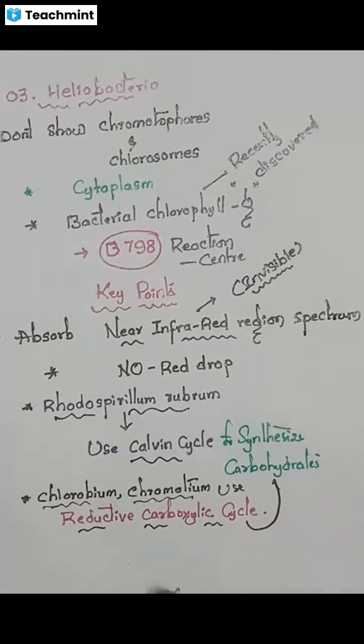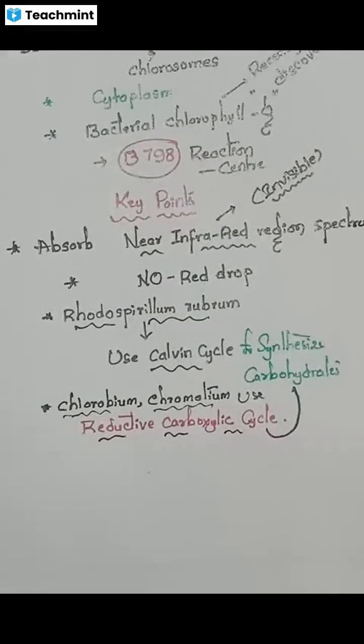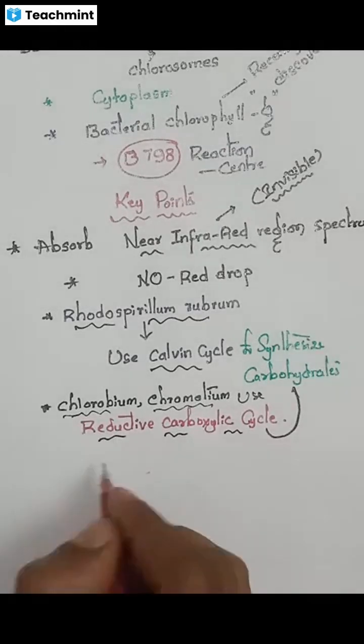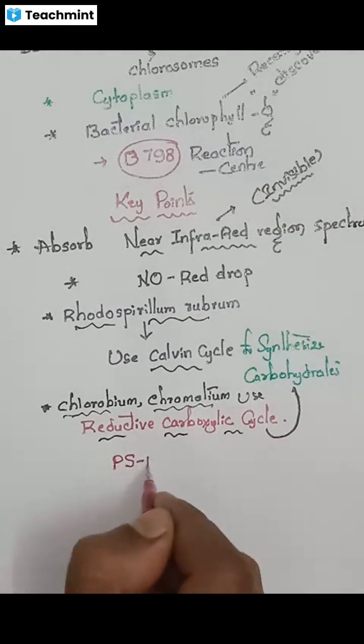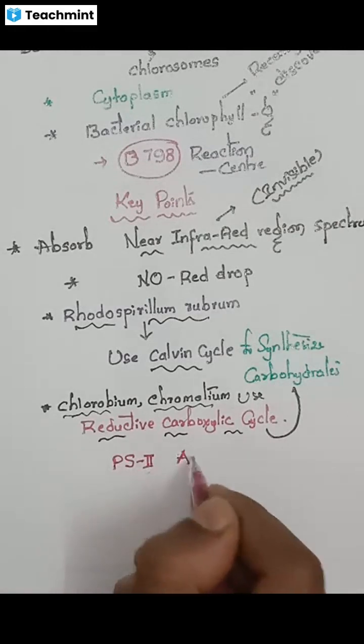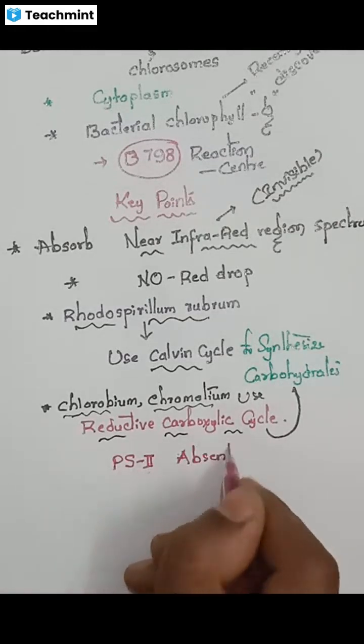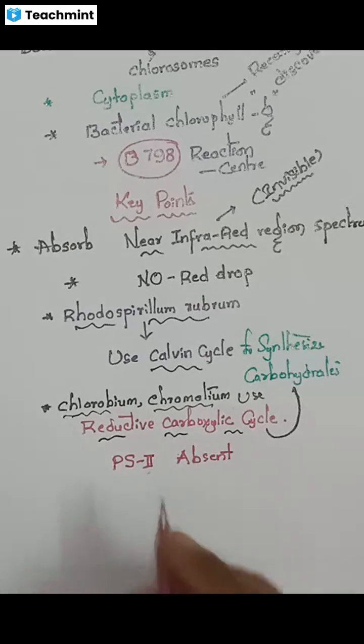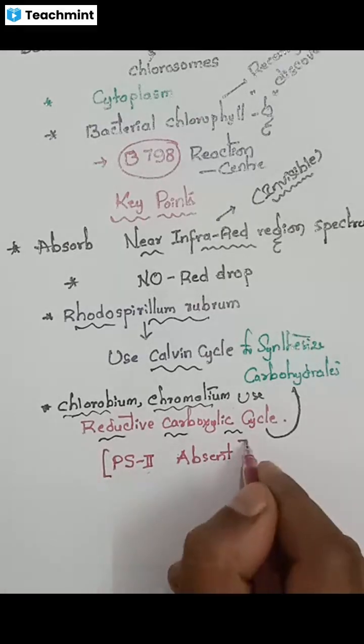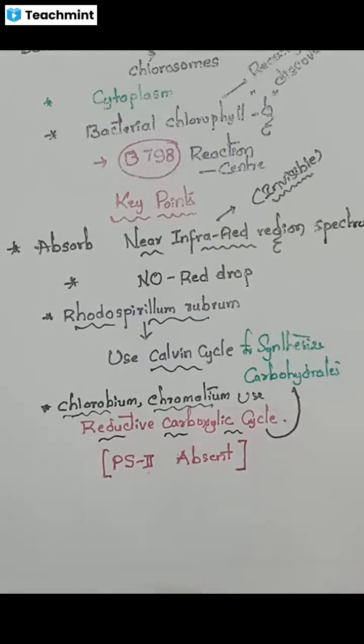So clear. Next one, in bacteria, PS2, photosystem 2, is absent in photosynthetic bacteria.